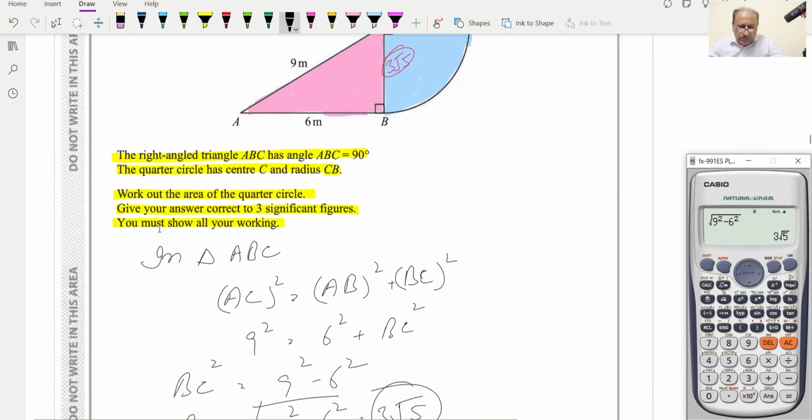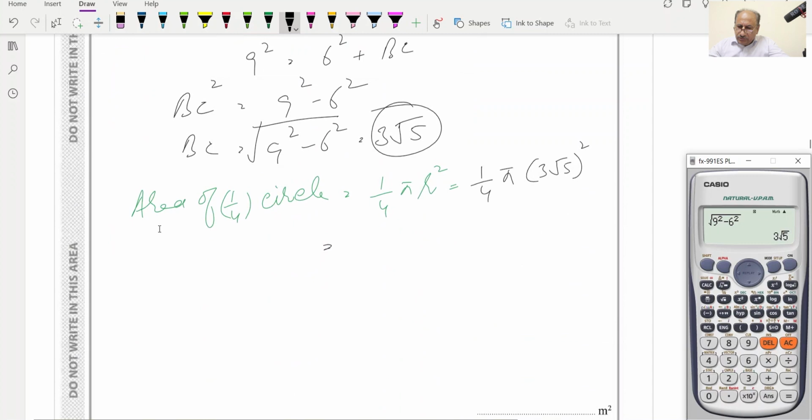So we'll write 1 over 4 multiplied by pi multiplied by 3 square root of 5, and we have to take the square of this one, so we'll put brackets and then take the square.